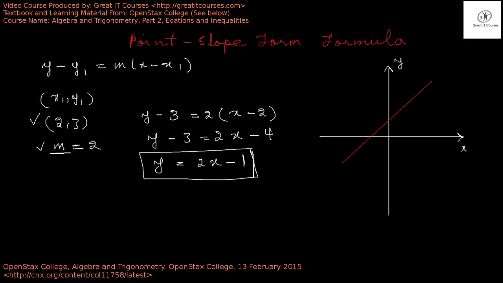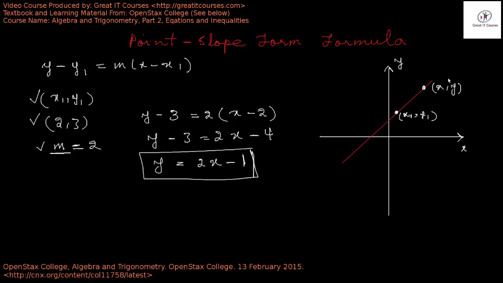Now if you know any such point on this line, let's call this point, the coordinates of this point are x1 and y1, and you could identify an infinite number of points on this line that have the coordinates x comma y.